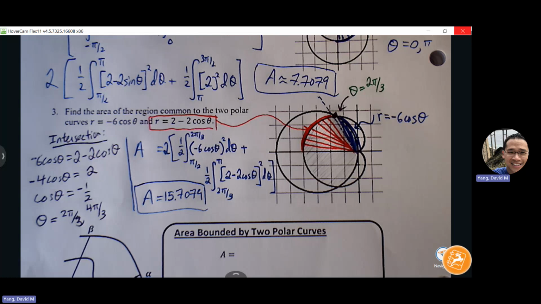So if it was a sine graph, it would start at 0. Yeah, so that feels a little bit tricky, right? Because it feels like, oh, we should be starting at 0, but the -6 cosine theta is starting at a different place, so it doesn't start our region until pi over 2.